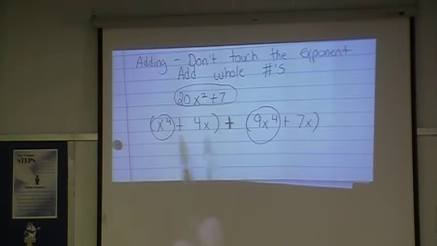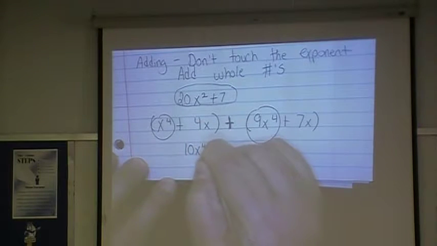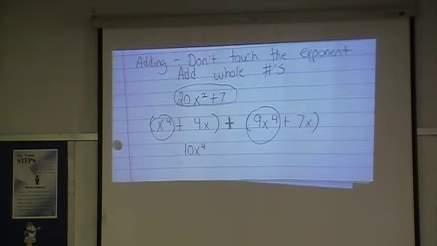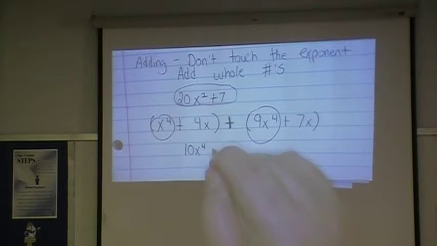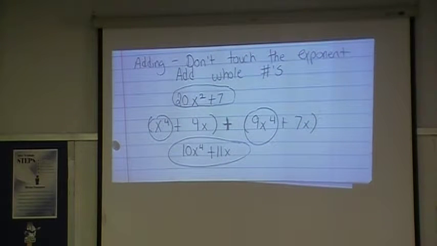I have an x to the 4 and a 9x to the 4. Technically, there's a 1 in front of this number, so I have 10x to the 4. I have a 4x and a 7x, so I have 11x.